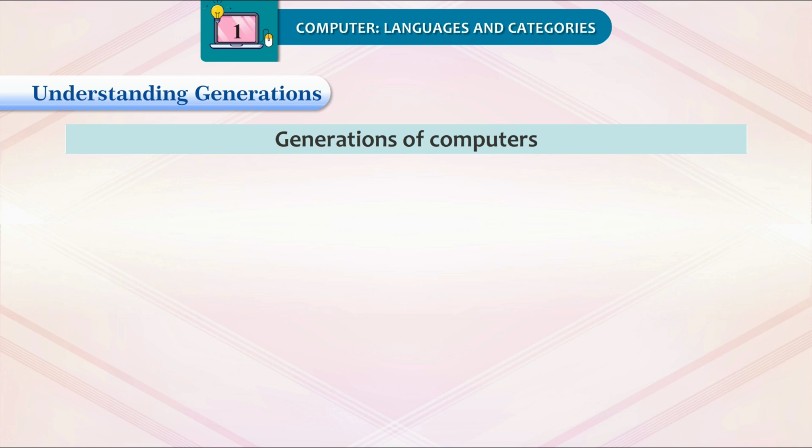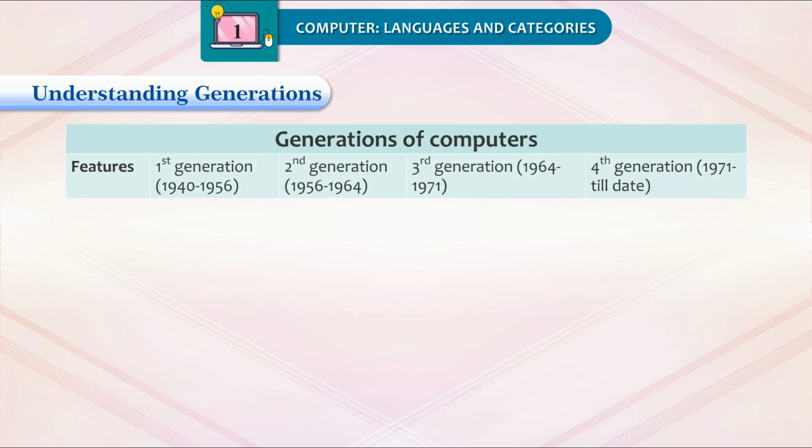Generations of computers. Features. First generation, 1940 to 1956. Second generation, 1956 to 1964. Third generation, 1964 to 1971. Fourth generation, 1971 till date.